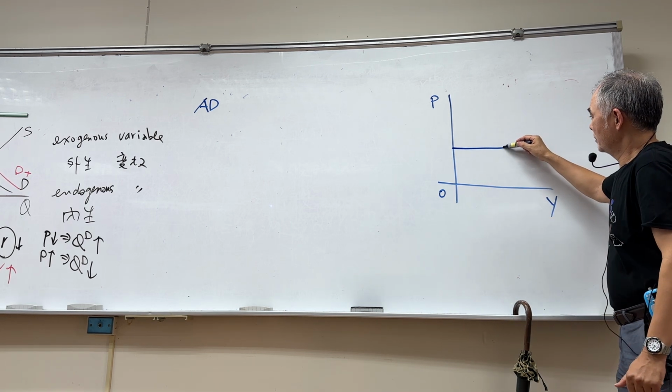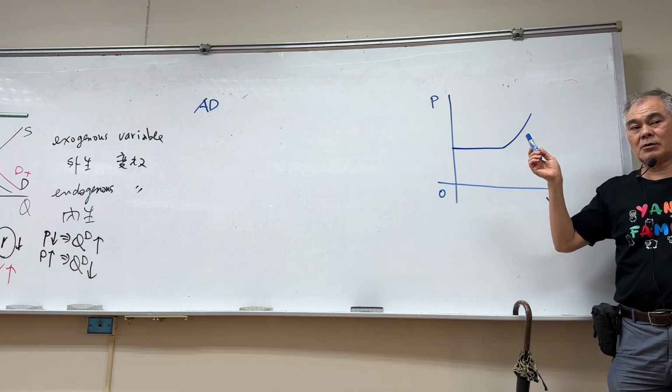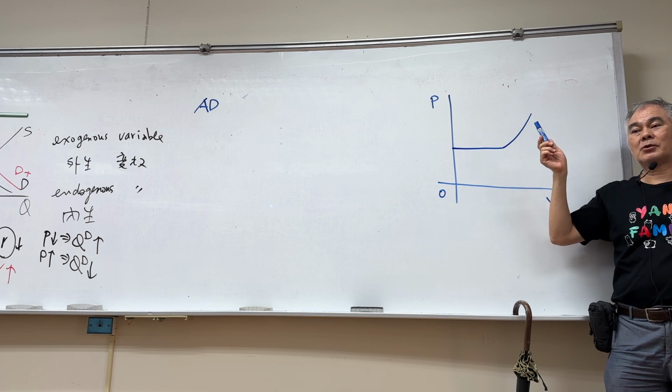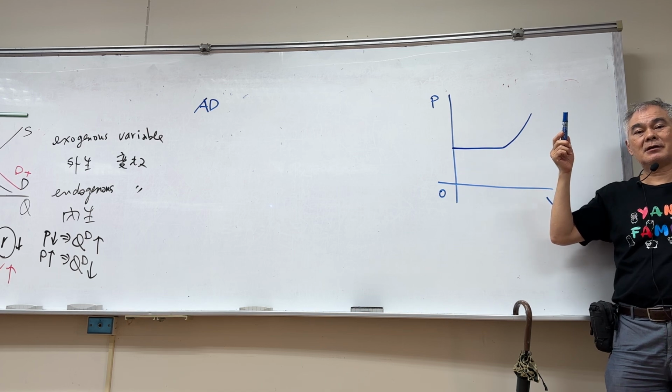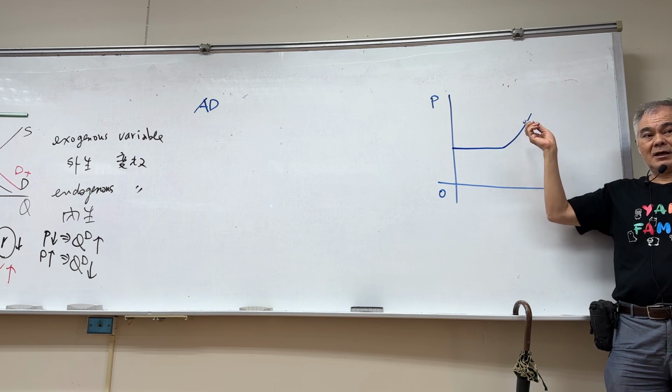But generally, the economy is actually like this. If you want to produce more, you actually have to pay more, because there's greater demand on resources, labor, capital, and all these materials, so you get an increase in the price level.